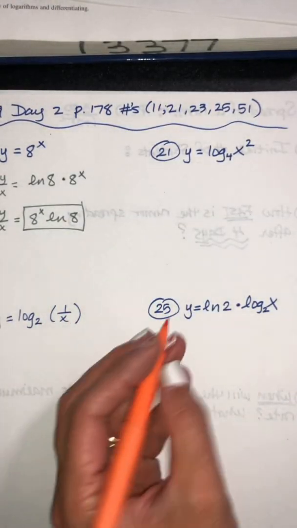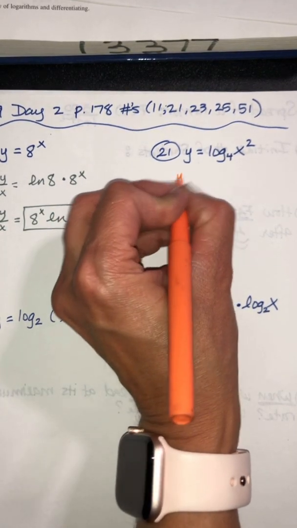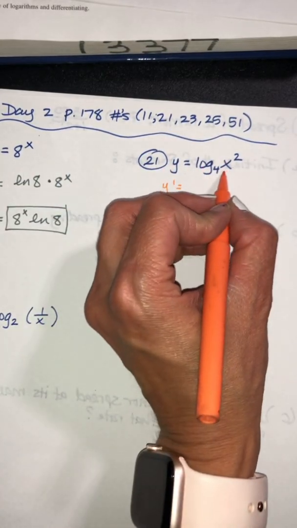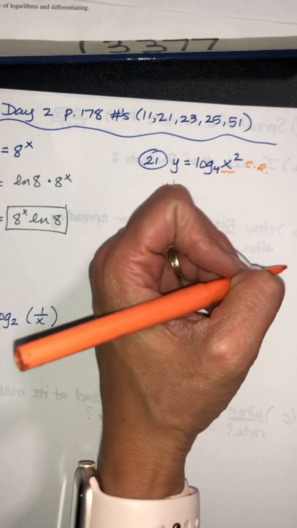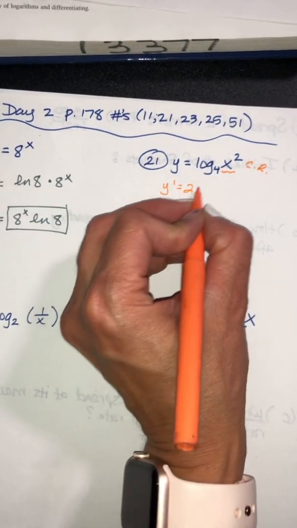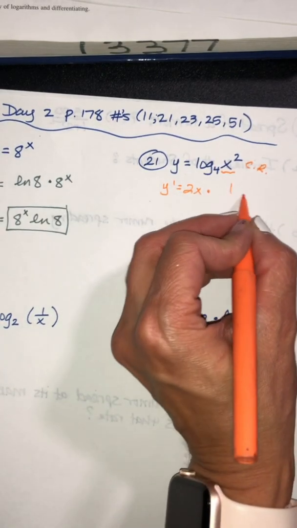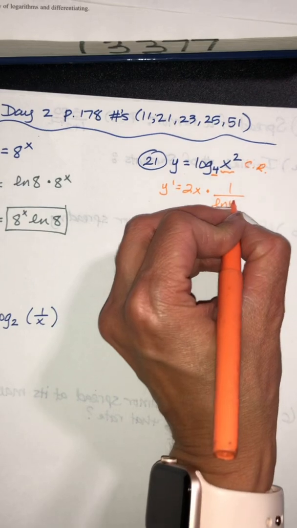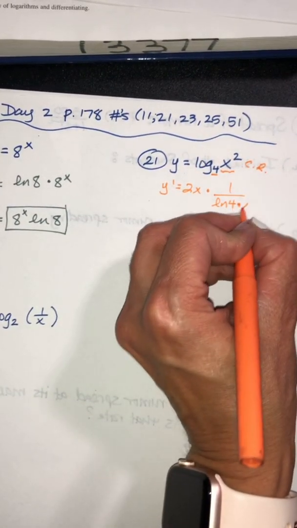Okay, so that means that I'm going to have, up here, I'll just use y prime, it's just easier to write, equals, okay, well, we have to do the chain rule because we have stuff on the inside. The derivative of x squared is a 2x times, that's going to turn into 1 over the natural log of the base is a 4, times the input value, which is that x squared.